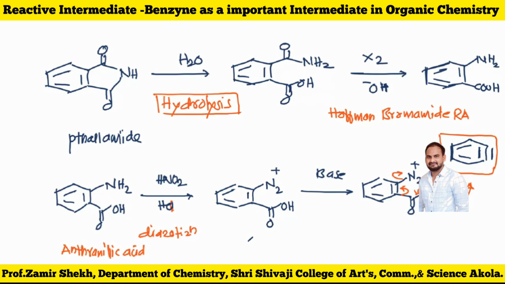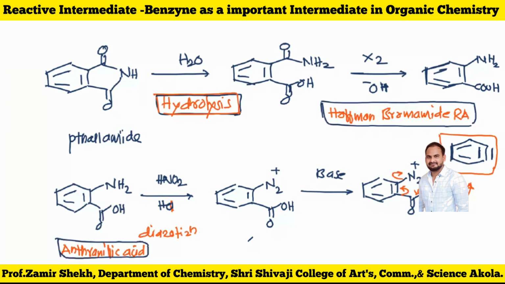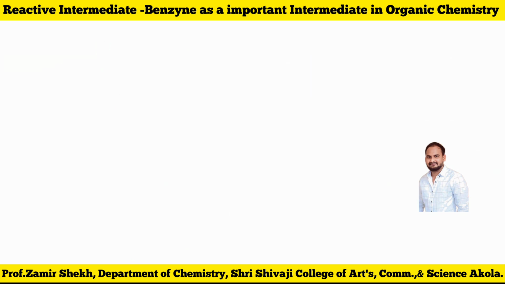So this reaction is used for making benzyne. There are various reactions that can be used to prepare your desired molecule, that is benzyne. So I will just list out some reactants from which we can prepare it. From this anthranilic acid, that is N2 plus, which was already discussed in the last slide.